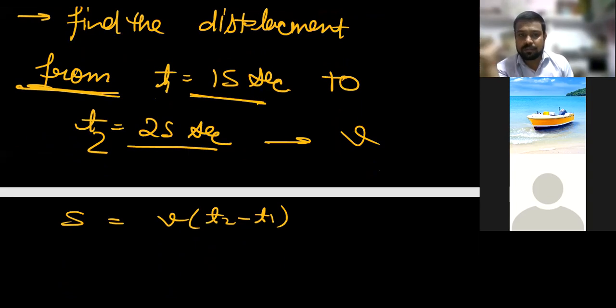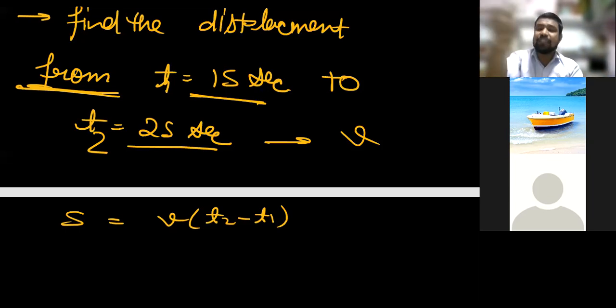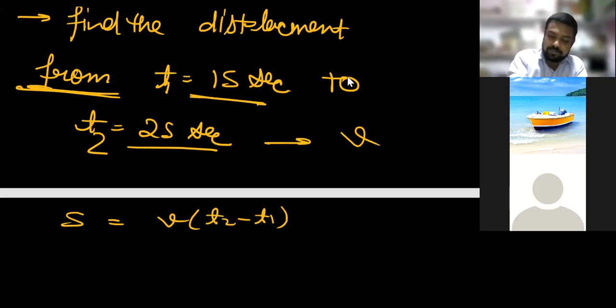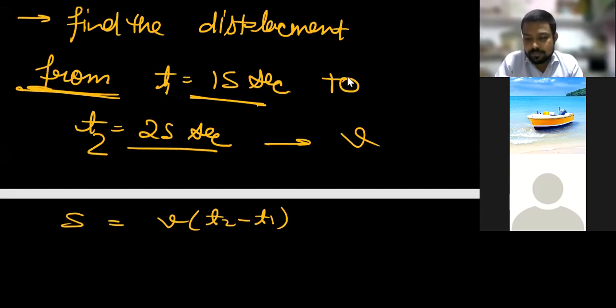It is not starting from t equal to 0. Maybe the particle starts from t equal to 0, but this question does not ask about t equal to 0. They are asking about t1 equal to 15 seconds. They are asking us to focus only from 15 to 25 seconds, the interval between these seconds.